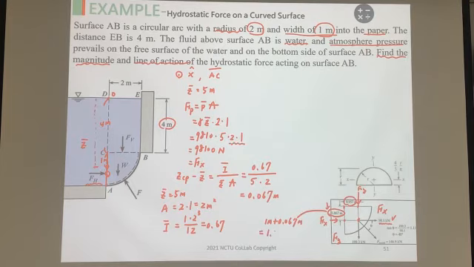So the answer is 1.067 meters. Because we know the distance here is 1 meter, and the distance between the centroid and the CP is 0.067. So we can know the answers. Where is the location of the FX?